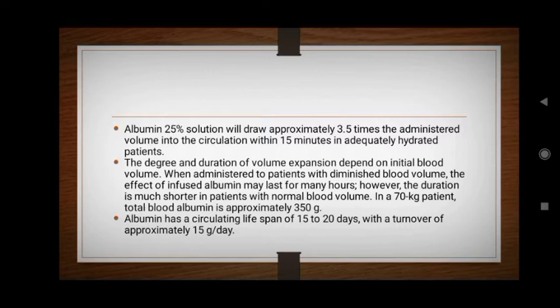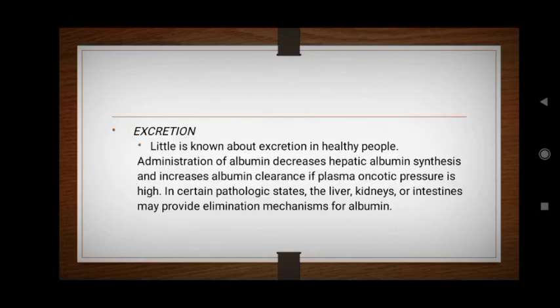When administered to patients with diminished blood volume, the effects of the infused albumin may last for many hours. However, the duration is much shorter in patients with normal blood volume. In a 70 kg patient, total blood albumin is approximately 350 grams. Albumin has a circulating lifespan of 15 to 20 days with turnover of approximately 15 grams per day.